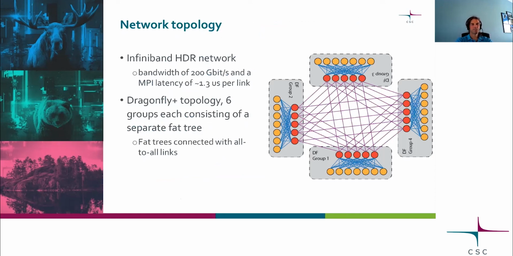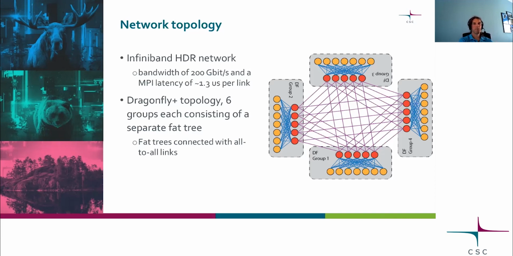Final thing, this probably won't affect most codes, but when you really start to work at the scalability limit of, let's say, beyond 100 nodes, this might become relevant. How is the network topology in Mahti? So there is this InfiniBand HDR.